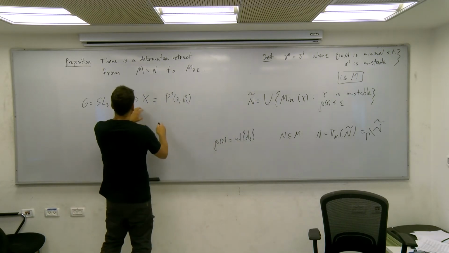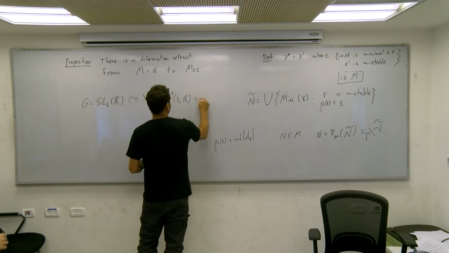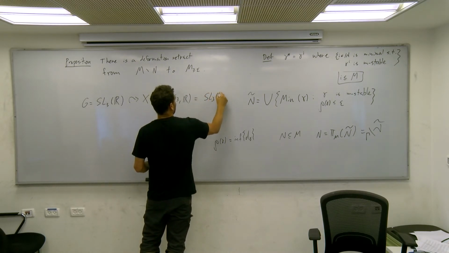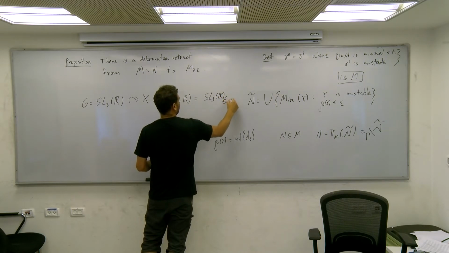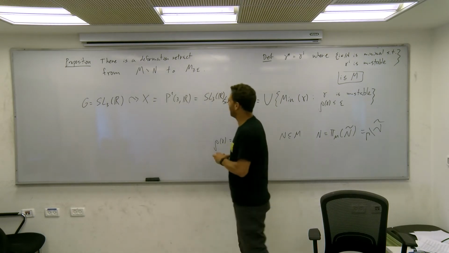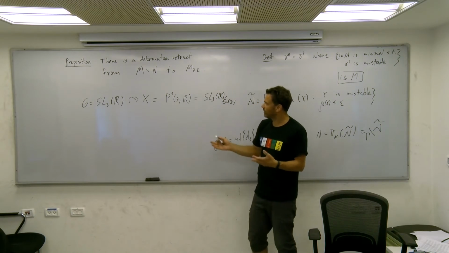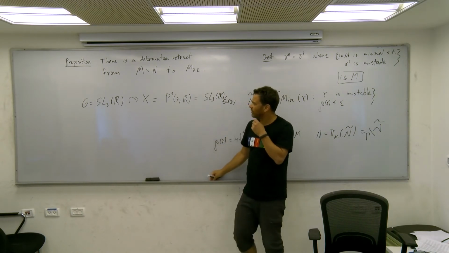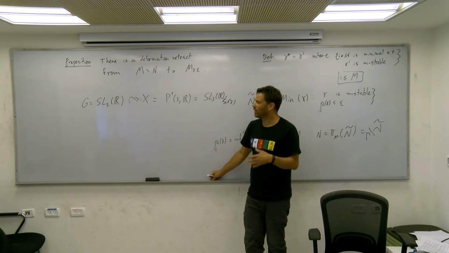The shortest way to write X is SL3R modulo SO3, but this says nothing about the Riemannian metric. The Riemannian metric is defined on the tangent space at the identity by the standard Hilbert-Schmidt norm, so the trace of A B transpose is the inner product.